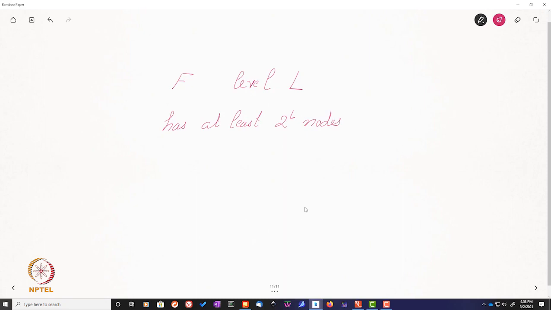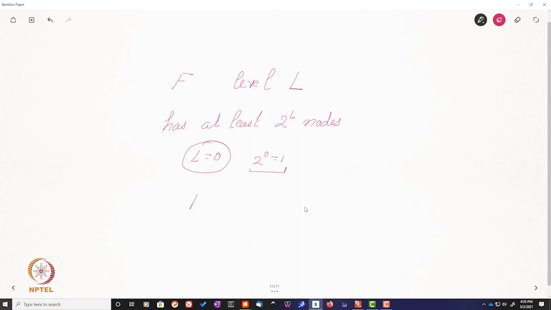This is trivially true if L is equal to 0, because 2 to the power 0 is 1 and every node by itself has level 0. So now let us consider a mathematical induction based proof.